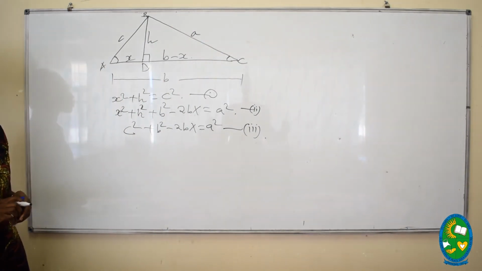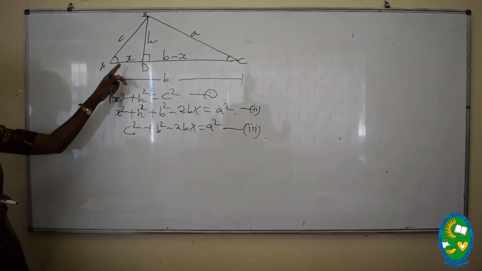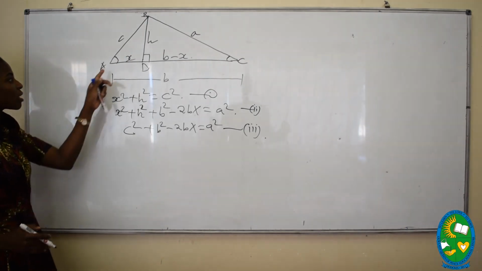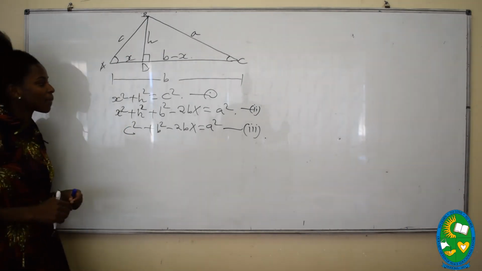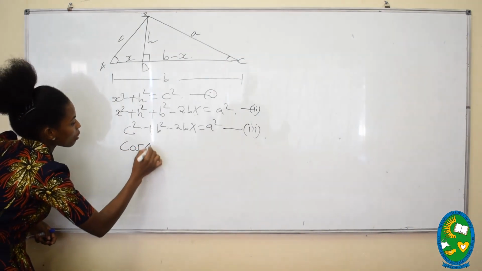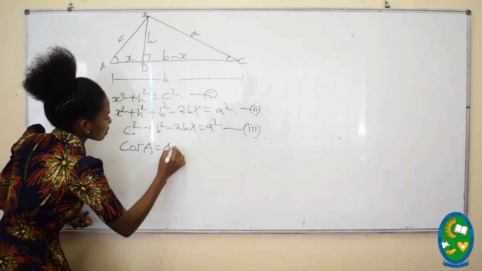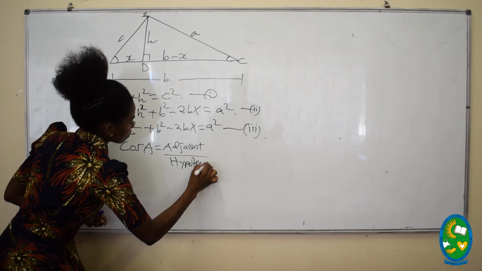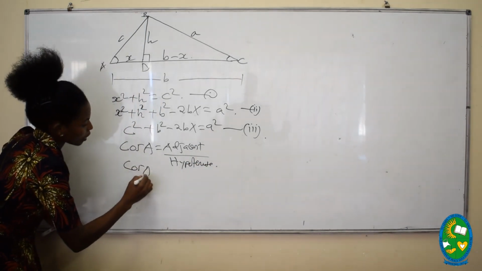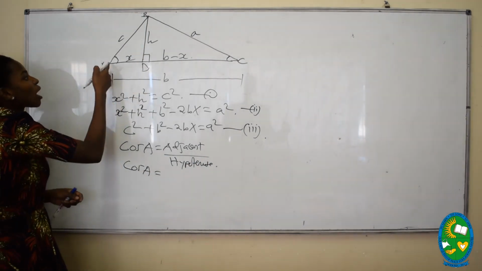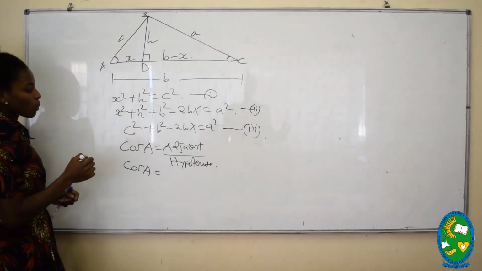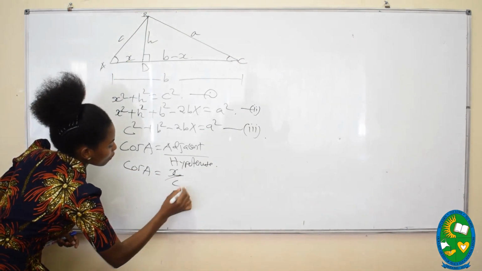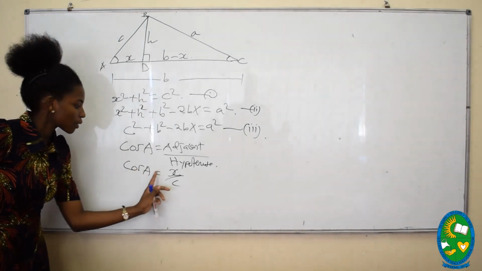Now we are going to look at angles, trigonometric ratios. Since we consider the cosine rule, we look at our first triangle by finding cos of angle A, which equals adjacent over hypotenuse. The adjacent here is x and the hypotenuse is c. So cos of angle A equals x over c.